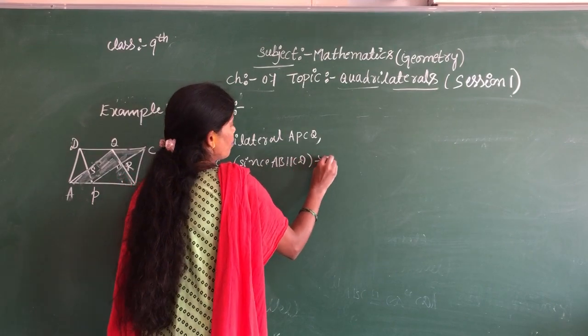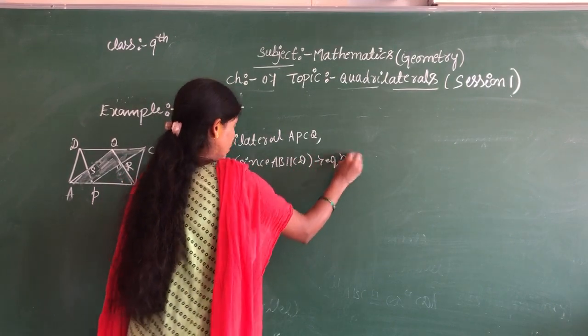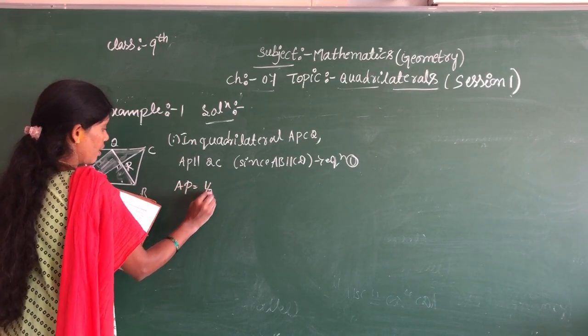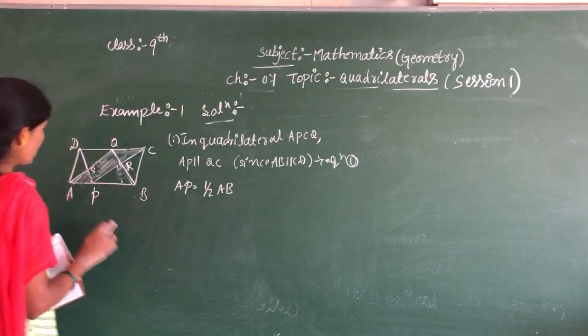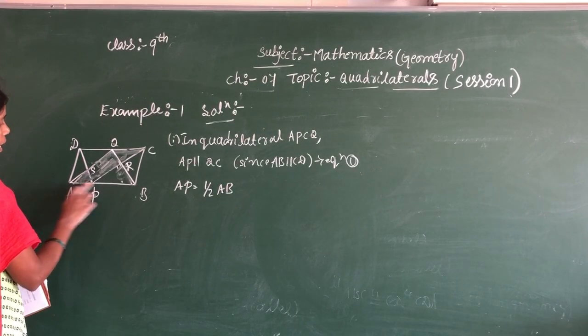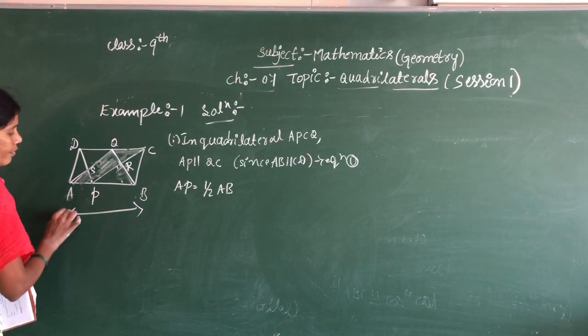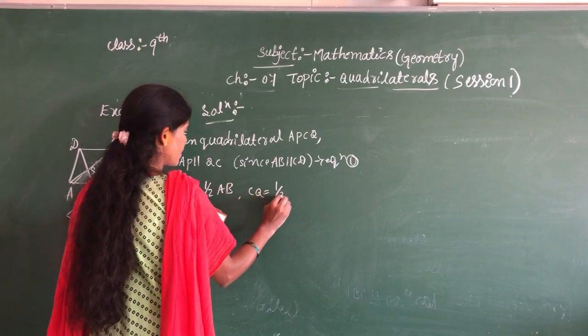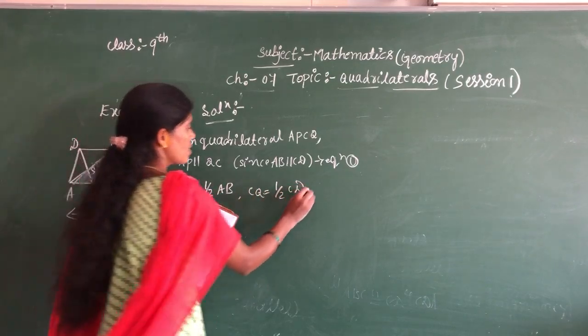This is equation 1. AP is equal to half of AB, and CQ is equal to half of CD, this is given.